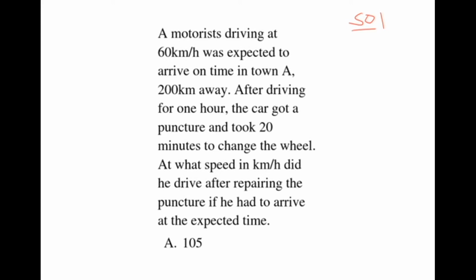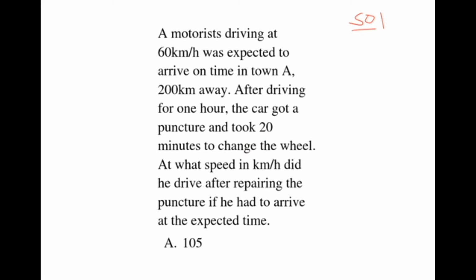The motorist here was driving at a speed of 60 kilometers per hour. Then the distance is 200 kilometers. Then we are told that after driving for 1 hour, the car got a puncture and took 20 minutes to change the wheel.